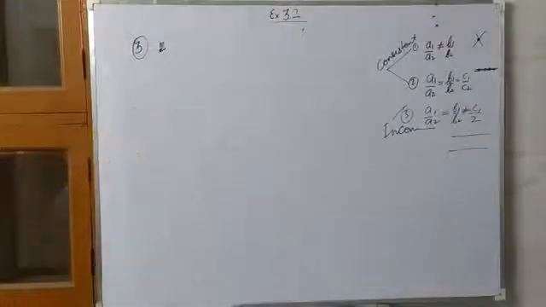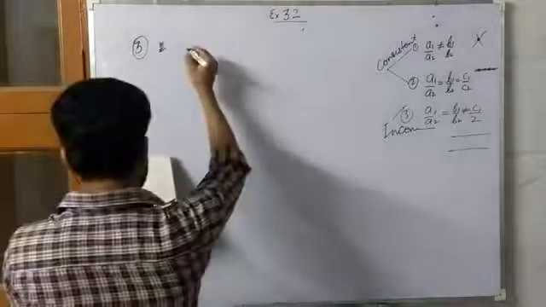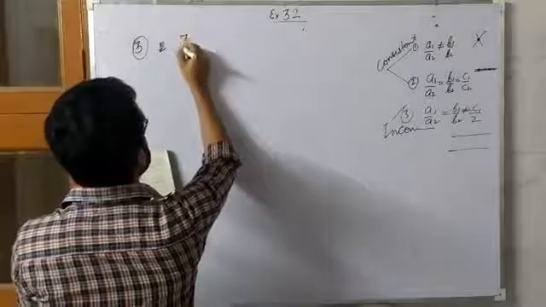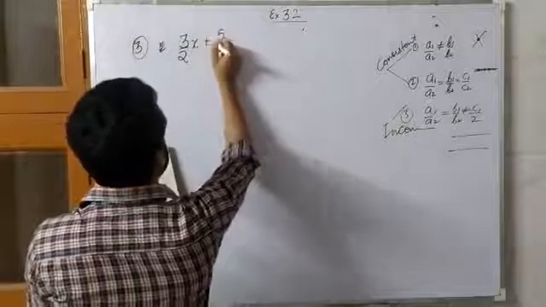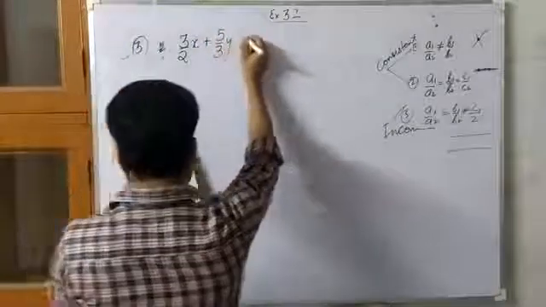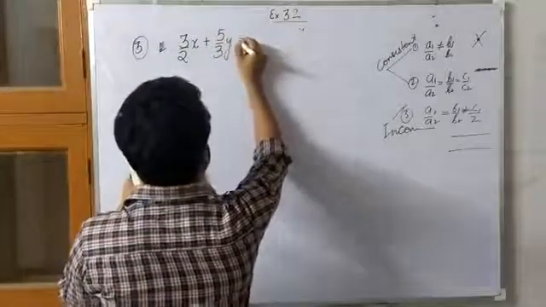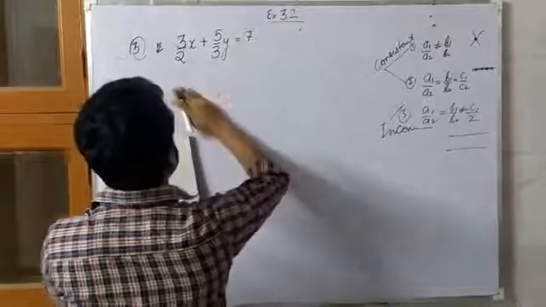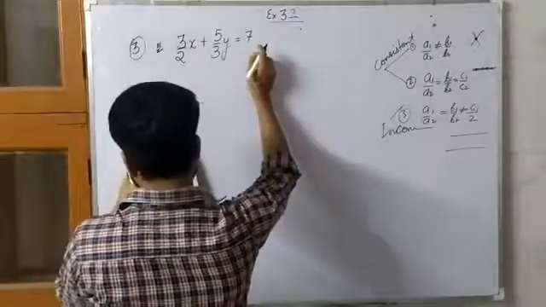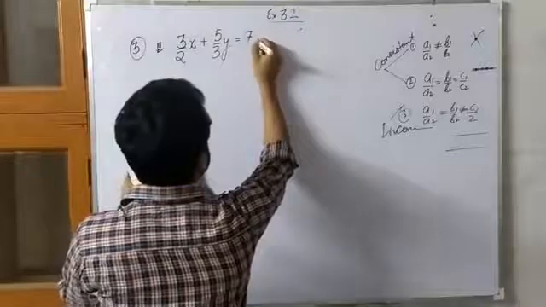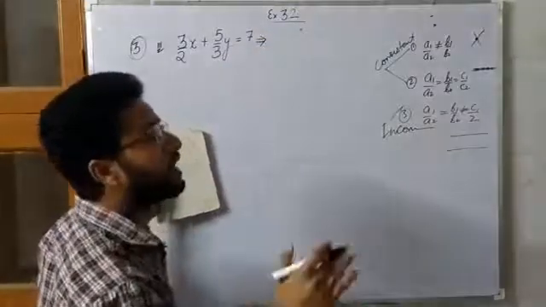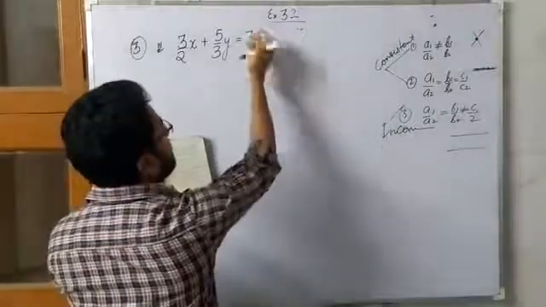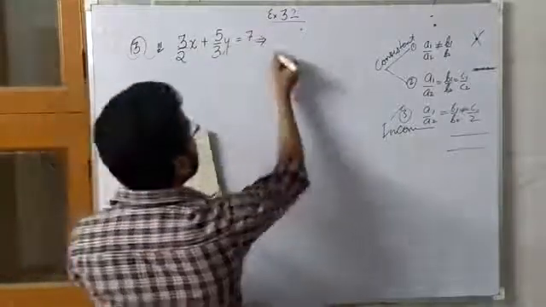So what is the third part? Third question, third part. The equations are 3 by 2x plus 5 by 3y equals 7, right? This is the equation. And what we will do, you know the general form is a1x plus b1y plus c1. So that means this 7 should be on the left hand side of equals.